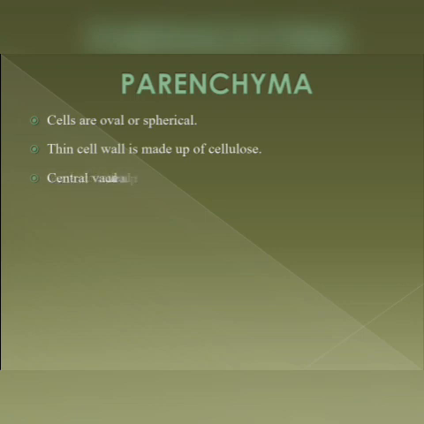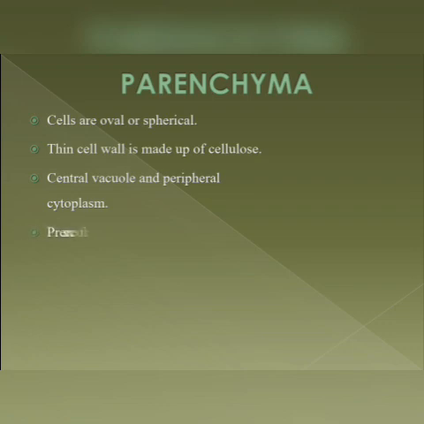Central vacuole, and because of the presence of central vacuole, the cytoplasm is seen to be peripheral, which means the cytoplasm is seen to be present along the boundary. So that helps to understand the peripheral type of cytoplasm.